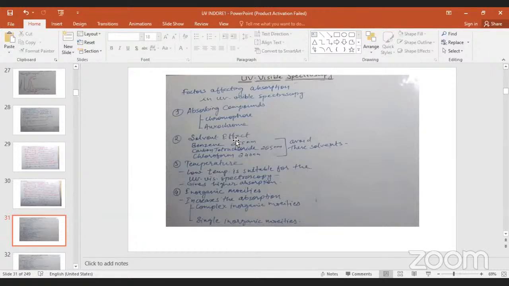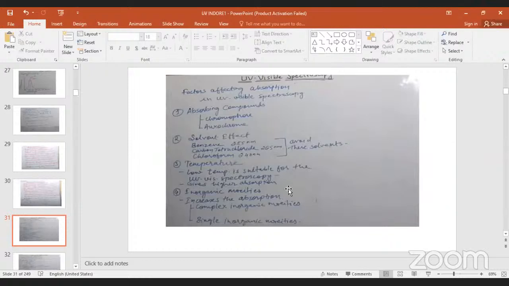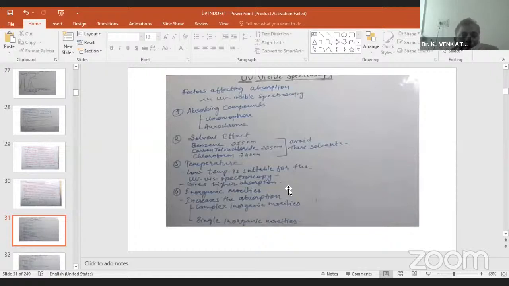The factors affecting absorption are the compound, that is the chromophore and the auxochrome, and the solvent effect. Benzene as solvent is nearly 255 nanometers, carbon tetrachloride nearly 265 nanometers, and chloroform nearly 240 nanometers. So avoid these solvents because they affect the absorptions. And for temperature, low temperature is suitable for UV visible spectroscopy, and higher temperature gives higher absorptions.